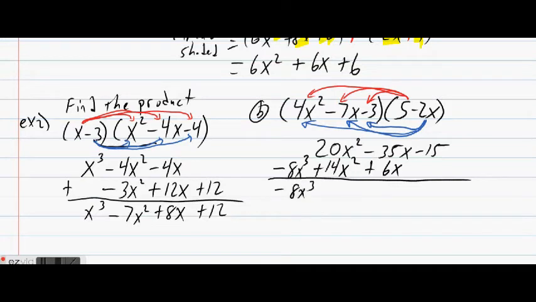Add them together, and we have negative 8x to the third plus 34x squared minus 29x minus 15. Alright? So I'm going to give you one that I do want you to try.